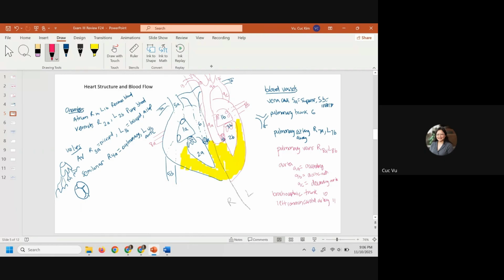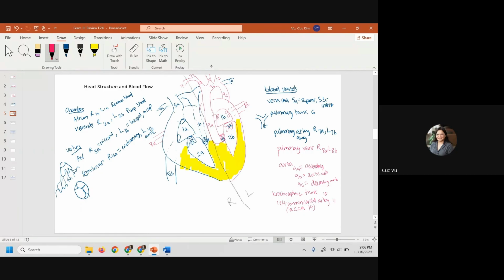So then your right common carotid artery would technically be what number? 12? No. 11B? No. 14. Right. It should make sense. What about number 12?